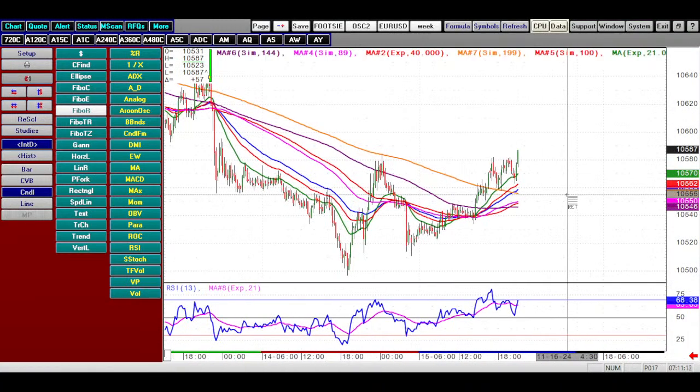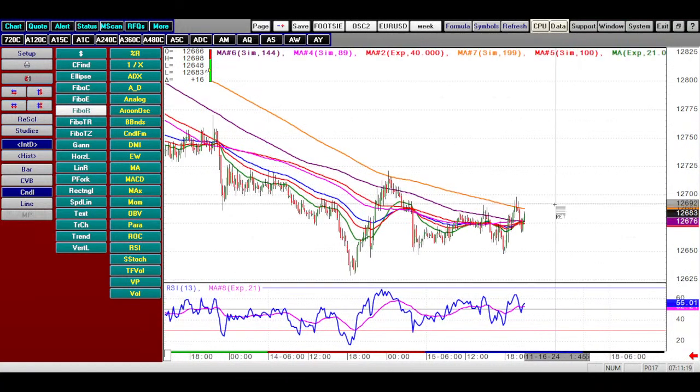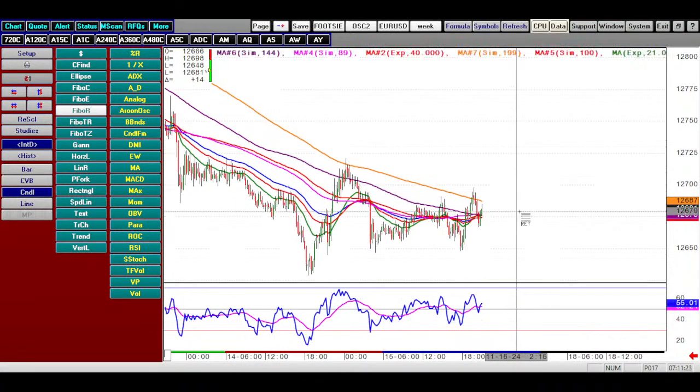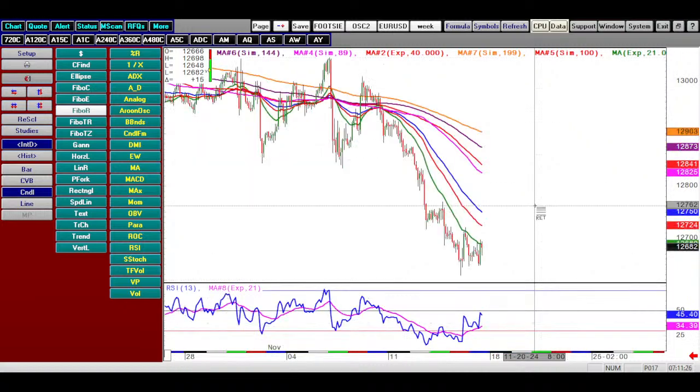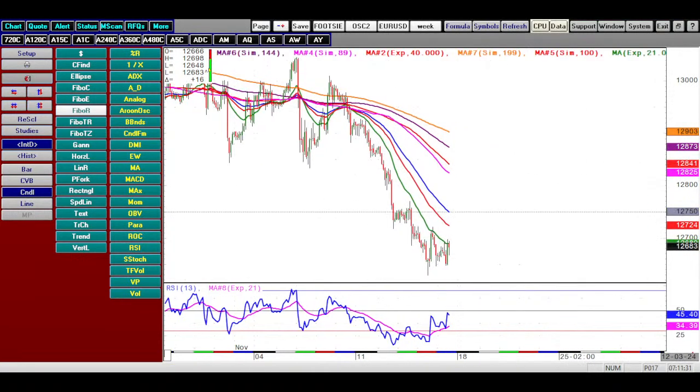Okay, euro also looks like it's already turning up, and so is the pound. So, looking at this, we should be able to trade euro at a nearer level.